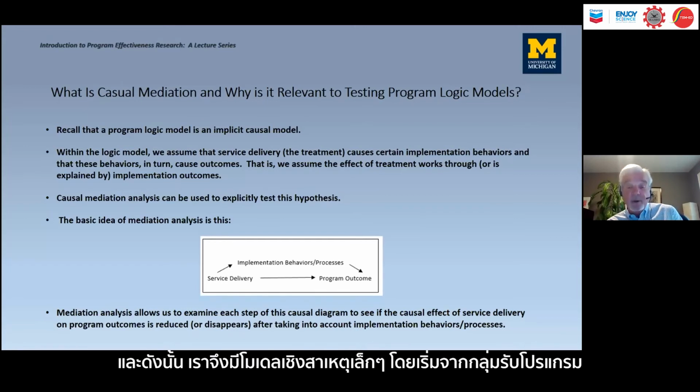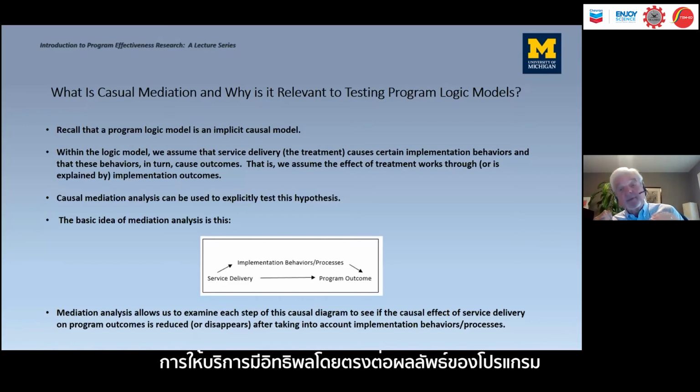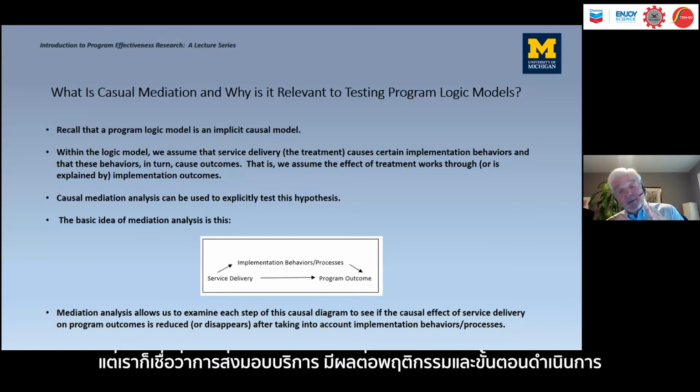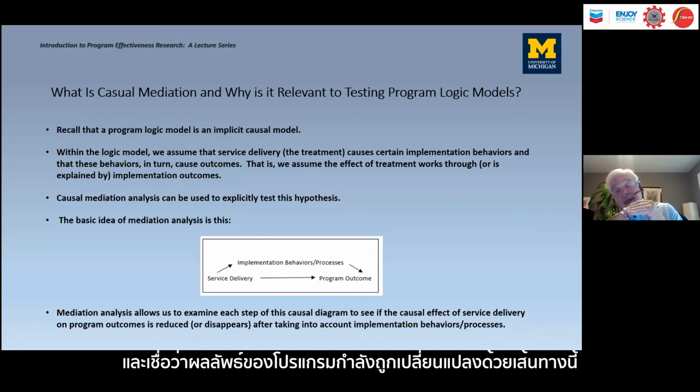And so we have a little causal model. It begins with the treatment. Service delivery has a direct effect on program outcomes, but we also assume that service delivery affects implementation behaviors and processes, and that it's through that path that the program outcomes are being changed.